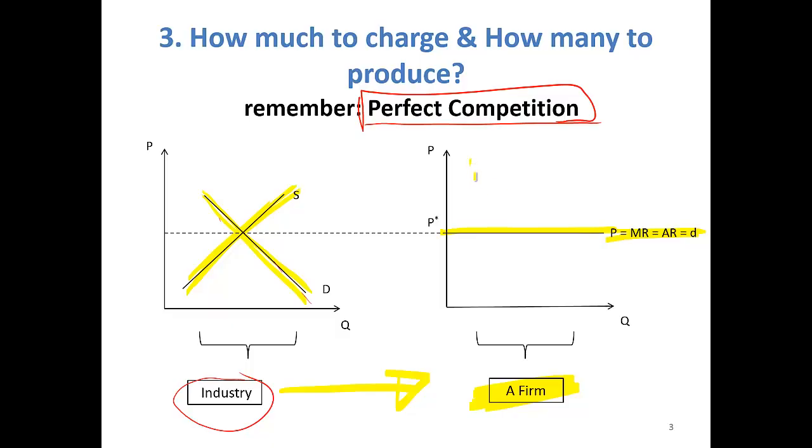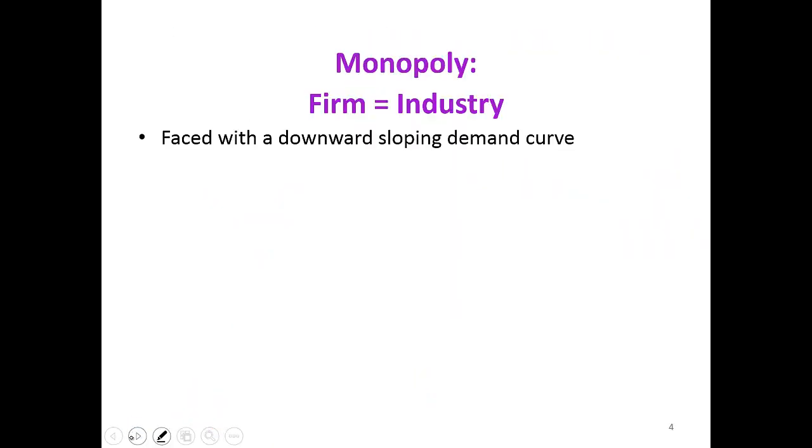And remember, price was equal to its marginal revenue, which was equal to its average revenue, and its demand curve for a single company. This is not going to be the same for a monopolist, because in a monopolistic structure you have only one firm. Firm and industry are the same thing. There is no difference between a firm and the industry.